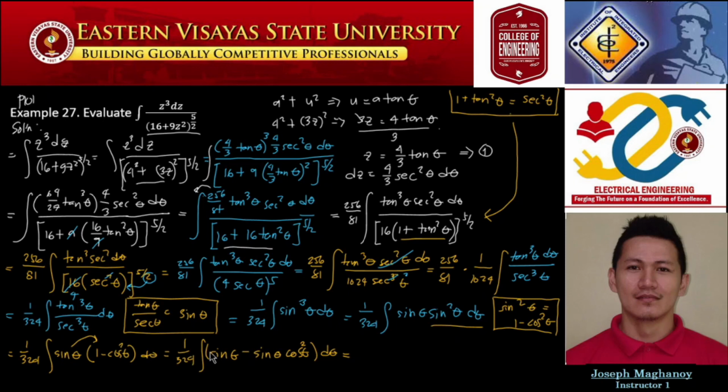We distribute our real number constant inside the quantity, so we have a difference of two functions.